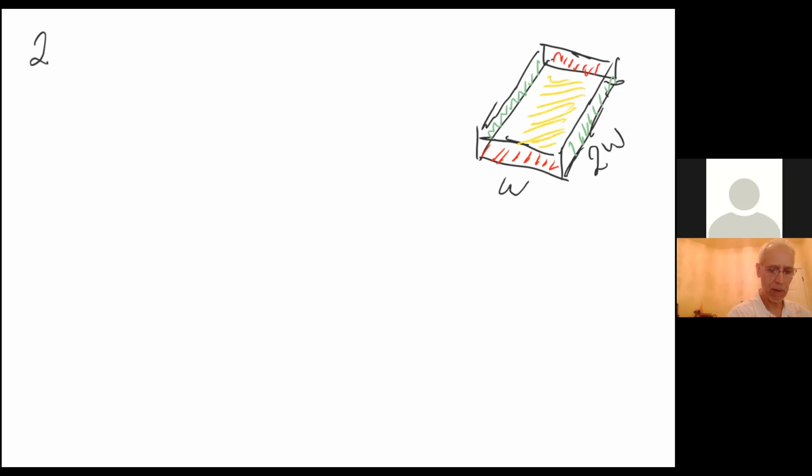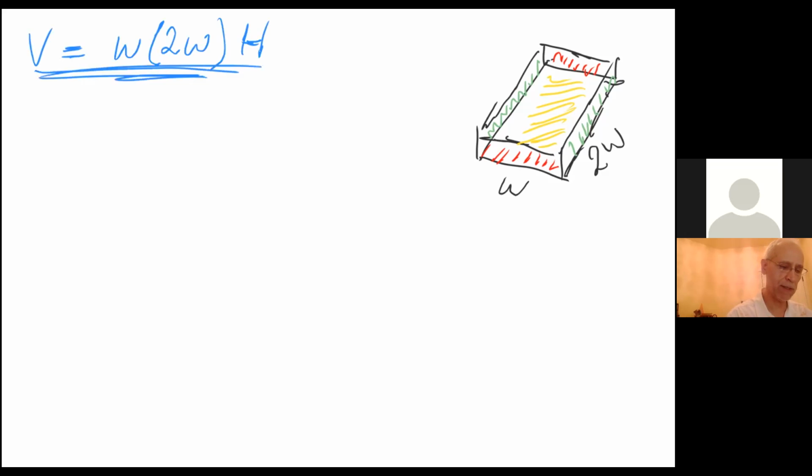First of all, let me say that since this problem is about the volume, we know that volume equals the area of the base, which is width times 2 width, times the height. So that would be for volume. So I want to work with this.